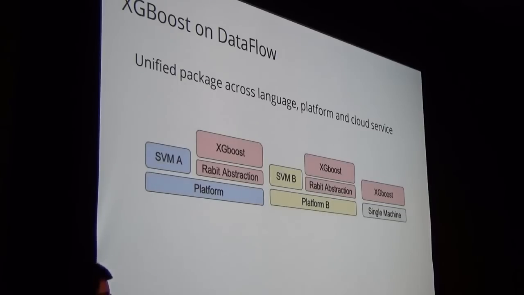But we also want more. If you consider what the machine learning stack looks like nowadays, it looks like this. You have some platform A that does some feature engineering job, like Spark. You have another platform B, an alternative to Spark. For example, Flink is another alternative to Spark.